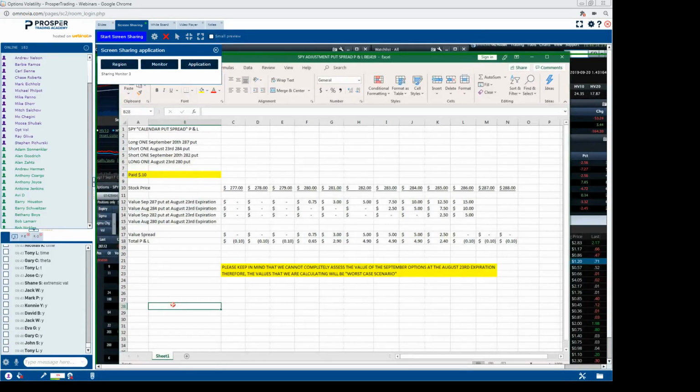I can add that value in after the fact once we go back to our risk graph. But for the sake of evaluating this position here at August 23rd expiration, we are going to evaluate as if everything was expiring.